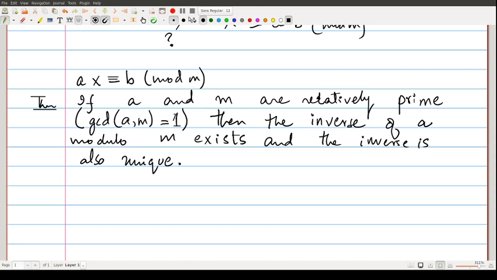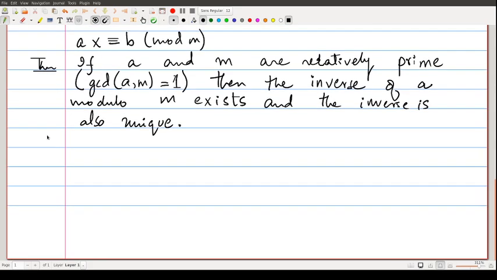Okay. So let's attempt a proof of this. The proof for this comes from Bézout's theorem. What does Bézout's theorem tell us?